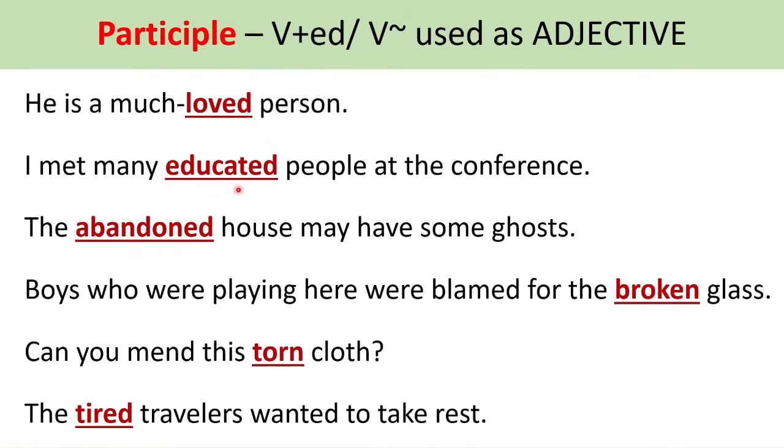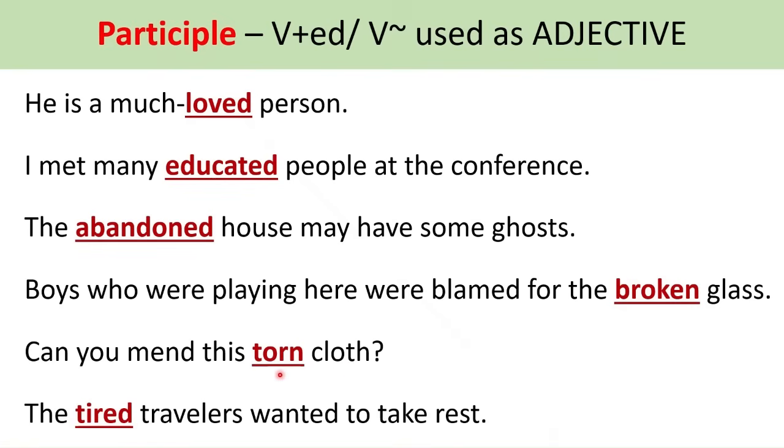Therefore, it is an adjective. The abandoned house may have some ghosts. House is the noun and abandoned past participle describes the house. Boys who were playing here were blamed for the broken glass. Glass is the noun, broken is the adjective. Can you mend this torn cloth?